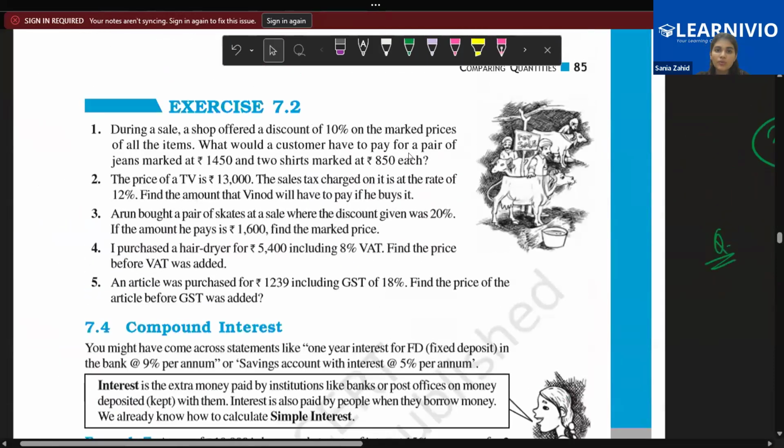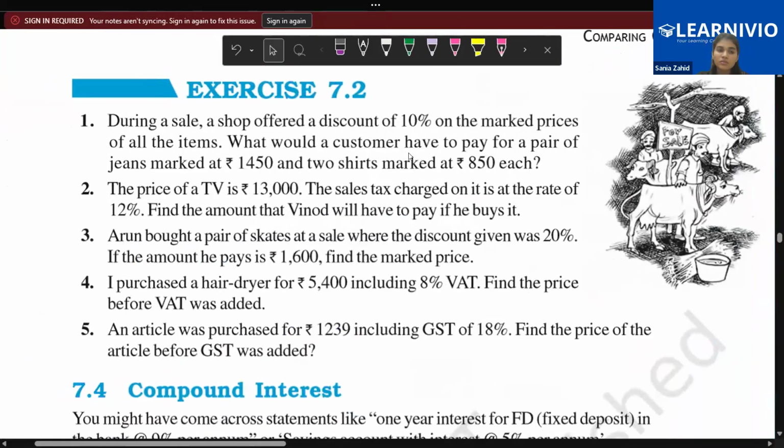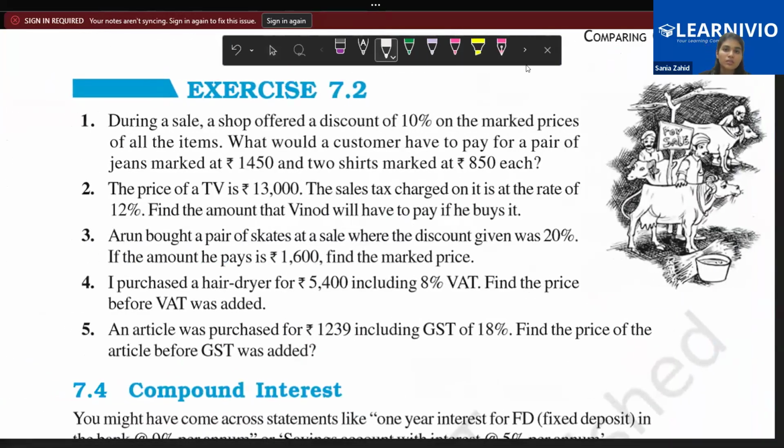So now students just come to this question. First question says, during a sale, a shop offered a discount of 10% on the marked price of all items. What would a customer have to pay for a pair of jeans marked 1450 and two shirts marked 850 each? See children, first of all, calculate the total amount.